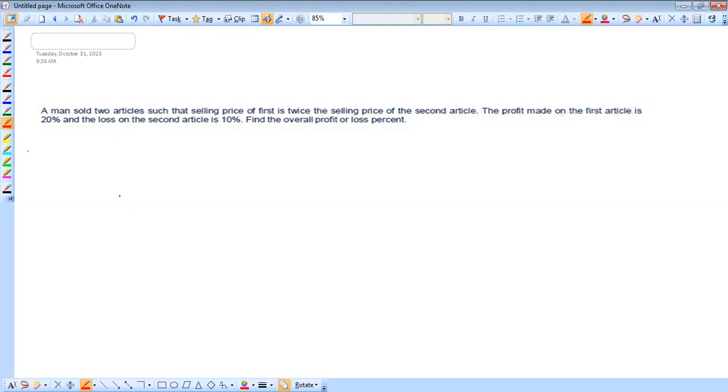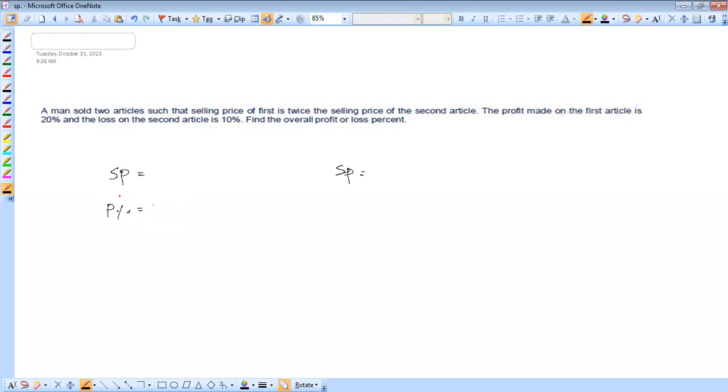Try and then look at the solution. Don't jump into the solution directly. So the selling price of the first is double the selling price of the second. Okay. And then the question says profit percentage is 20% in the first attempt.